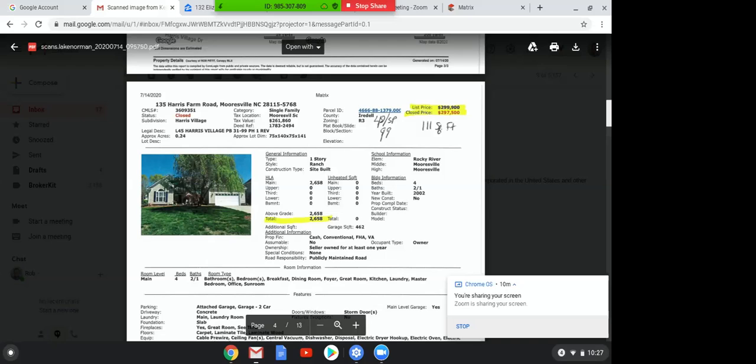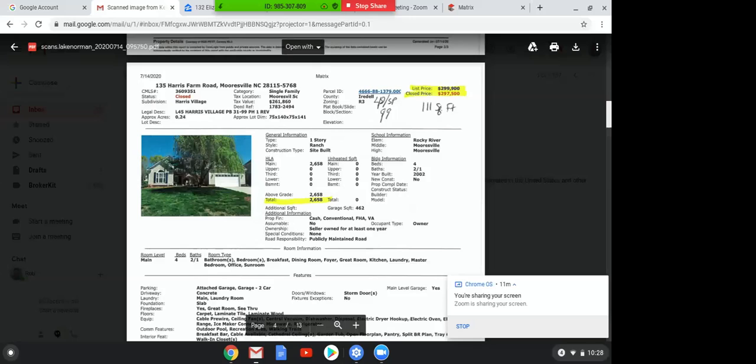So now I have these 6 comps. Let's determine the numbers that we talked about. I want to know average price per square foot for properties that sold in the last 6 months in Harris Village. I want to know the list price to sale price ratio, and I want to know the days on market. So first comp, how do I determine average price per square foot? I take the sale price divided by above grade living area. So I already did the homework for us, 297,500 divided by 2658 takes me to $111 a square foot.